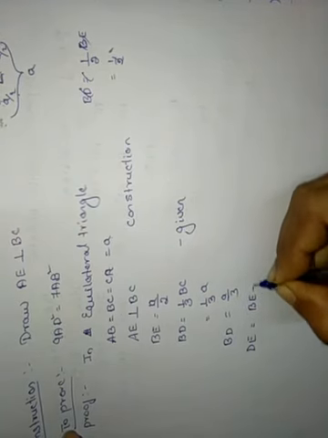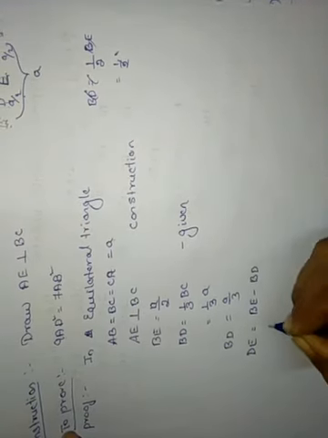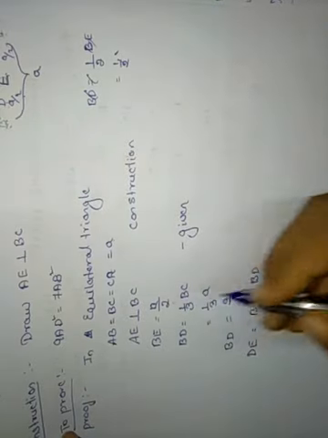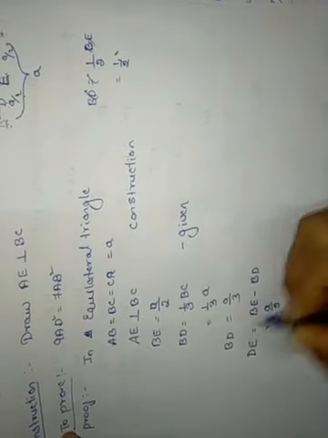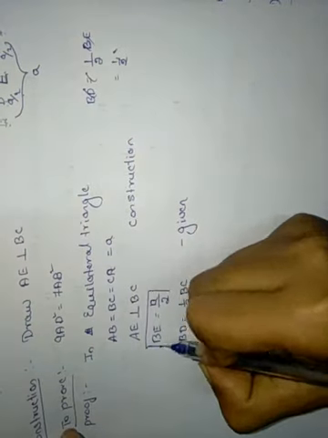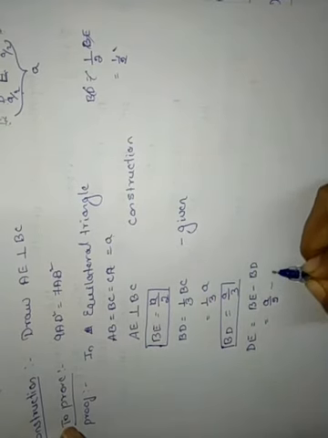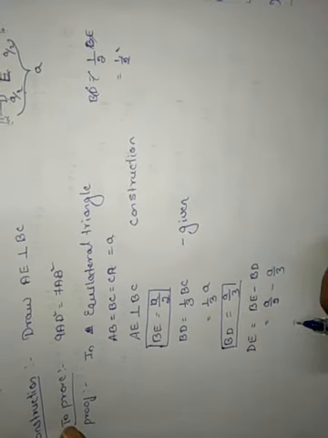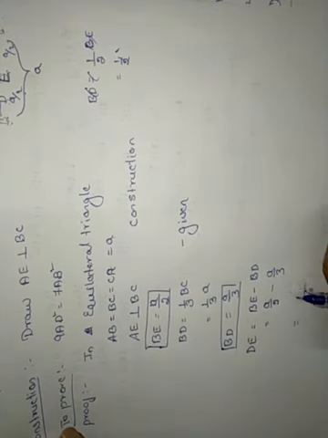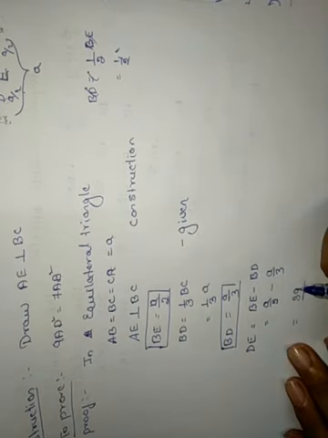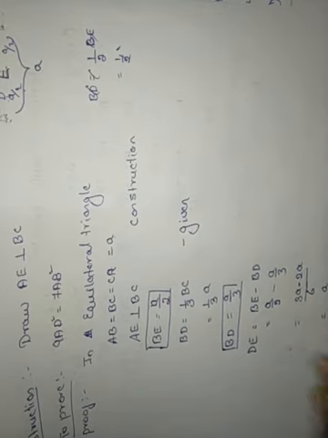BE is a by 2, and BD is a by 3. After taking LCM, we are getting 3a minus 2a over 6, which is a by 6. So we got DE as a by 6 here.